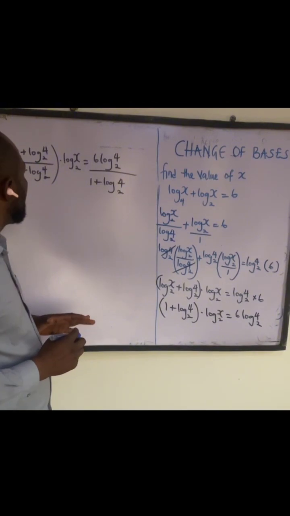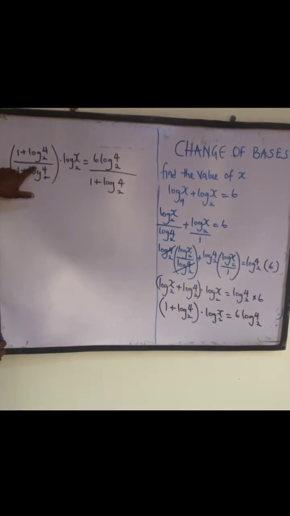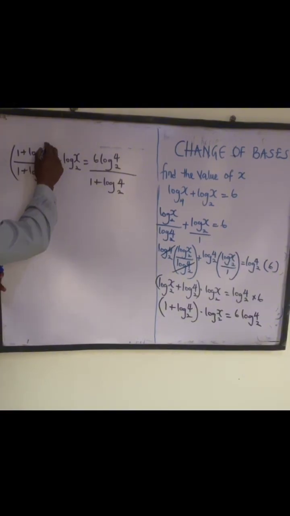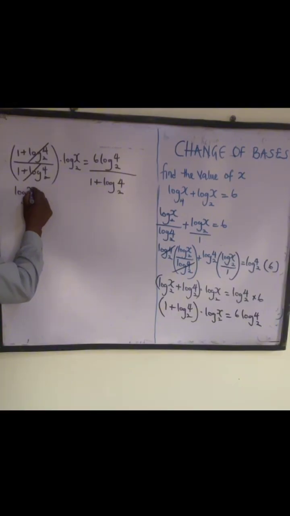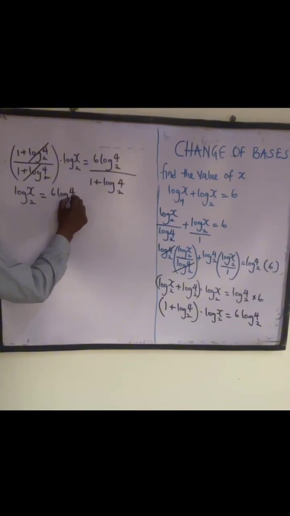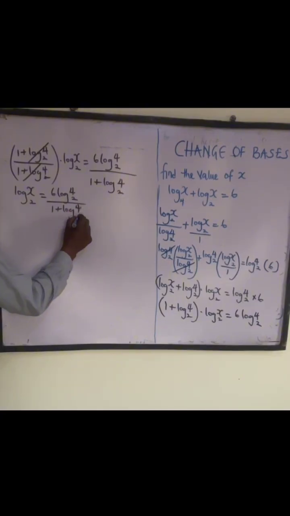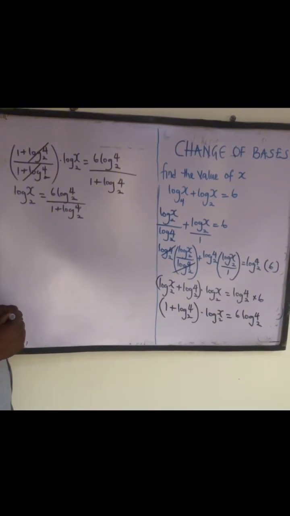Then we cancel this out, so this will cancel this. You are now left with log of x in base 2 equals 6 log of 4 in base 2 over 1 plus log of 4 in base 2.